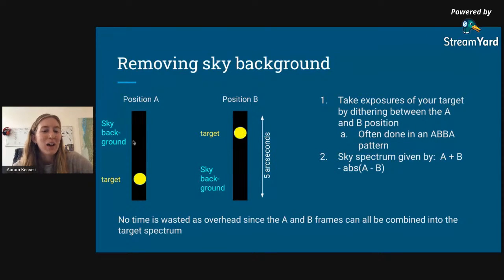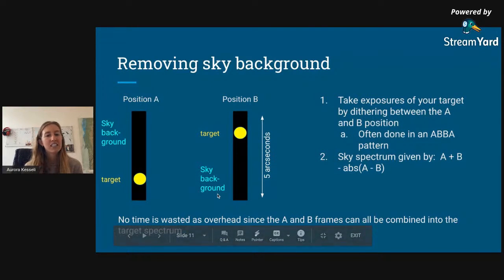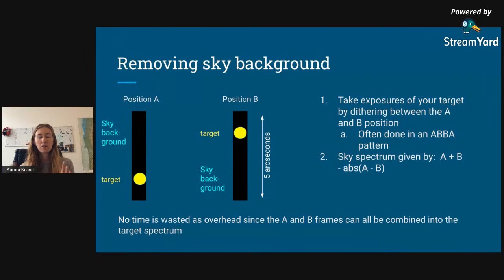Okay, so you have your slit, which looks something like this. And oftentimes the slits are 5 arc seconds or so in length, whereas in width, they're much shorter. And so you put your target in one position, and this is called position A. And when you're observing, you can make sure to put it at an exact position where the A position always is.